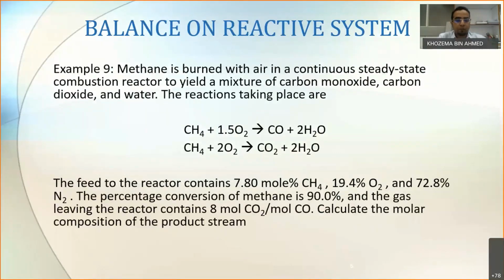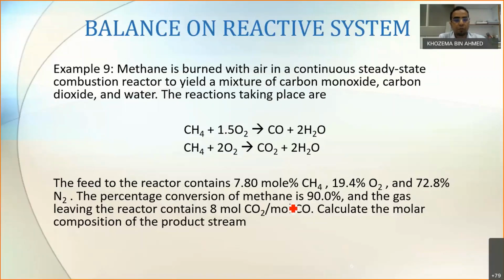If you remember in our previous class, we mentioned the rule of thumb: when we have a simple system with only one reaction, it is easier to use molecular species balance. But if you have more than one, two or three equations or reactions, it will be easier if you solve using atomic species balance.